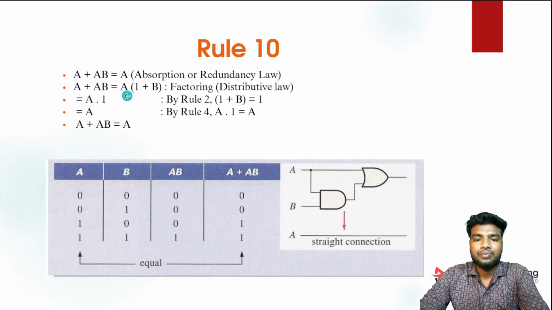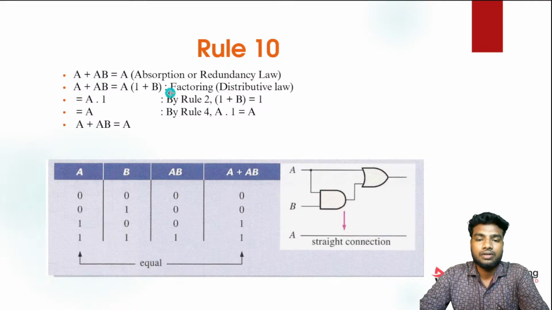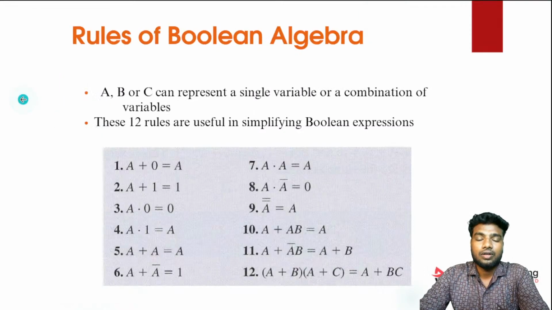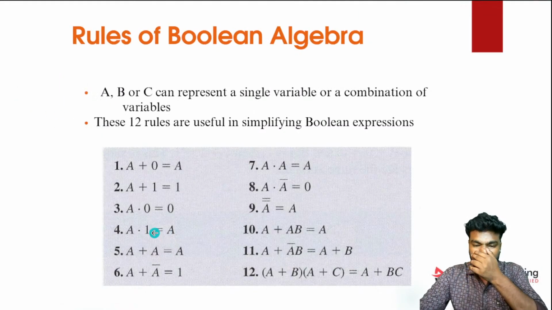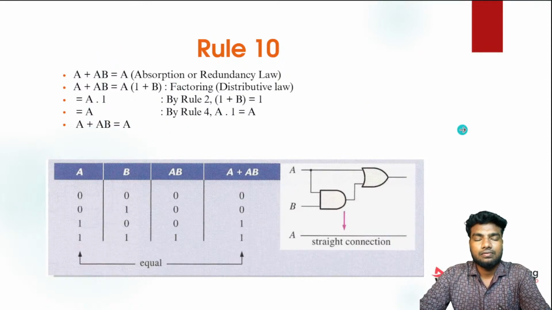After that I have a of 1 plus b. We know that 1 plus a equals 1, same thing. So 1 plus b means we have to put 1. So a into 1 is a. This is the way of simplifying the equation by using the Boolean algebra rules.